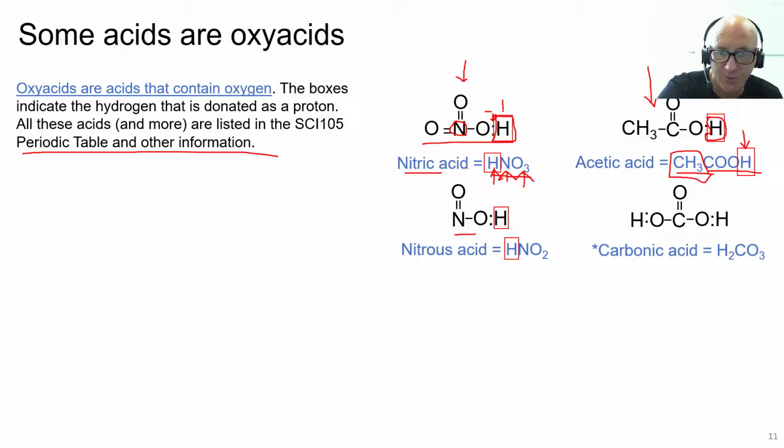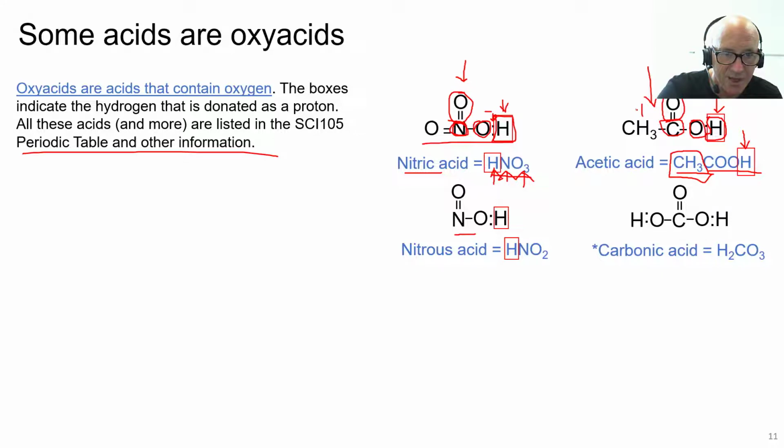So H, if we're looking at this H here, has to be attached to an oxygen. This oxygen here has to be attached to something, and that something has to be attached to something like an oxygen double bond. Here it is here again with acetic acid.